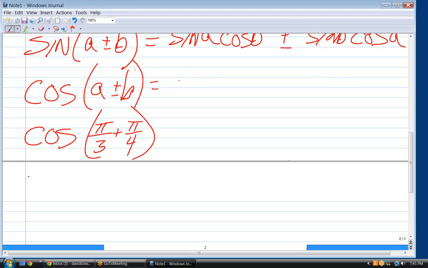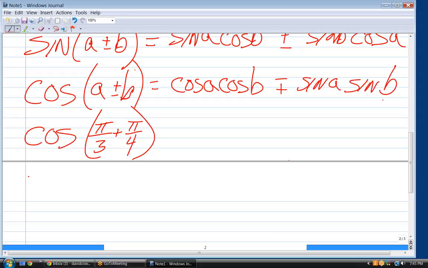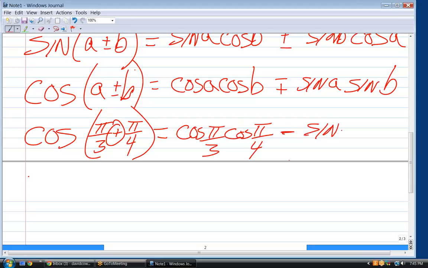So cosine A, cosine B, minus or plus sine A, sine B. So in this case, we're adding. So it's going to be cosine of pi over 3, cosine of pi over 4, minus sine of pi over 3, sine of pi over 4.